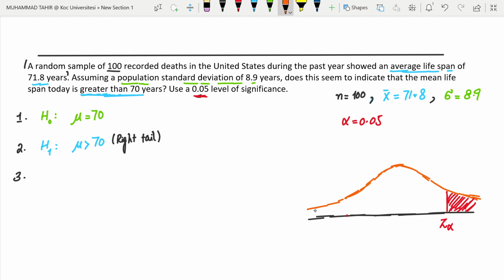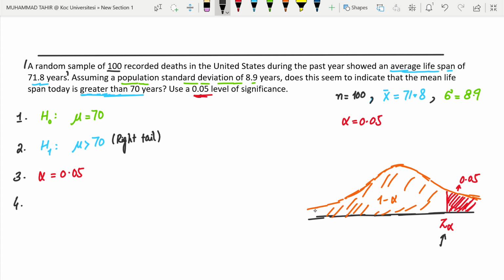The area is alpha because we have one tail, and this is 1 minus alpha, the probability in this region. With this information we can move on. We can write level of significance alpha 0.05.